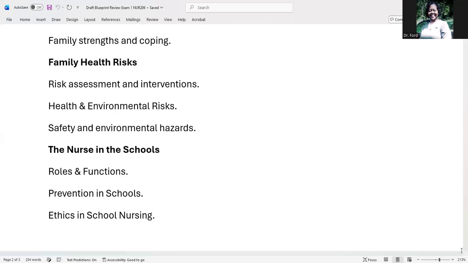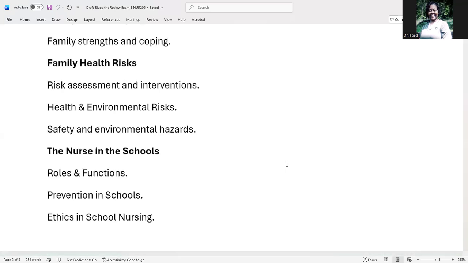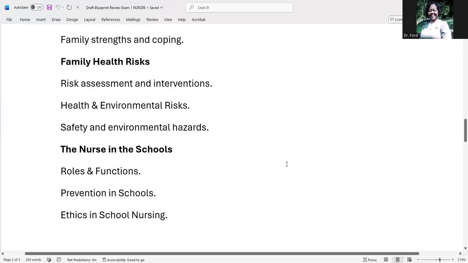We as school nurses may also assist with scoliosis screening, lice screening, and hearing and vision screening. We might even be called upon to present at the PTA. Like I said, as a school nurse you're wearing many hats, but the overarching goal is to provide care to that child so that they can still function and get their education.